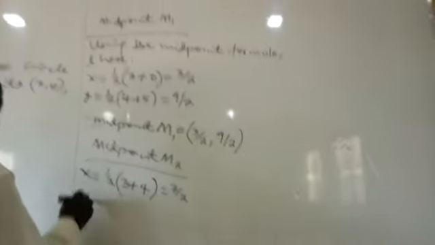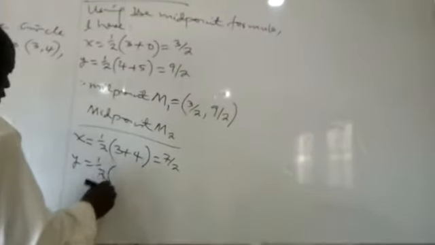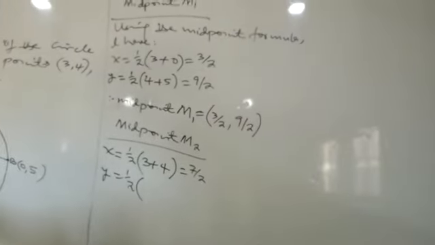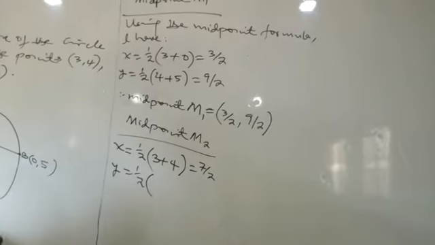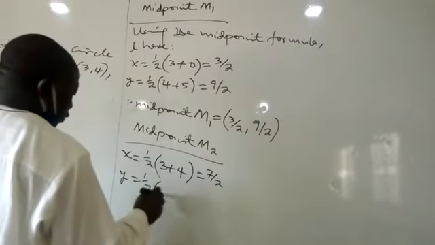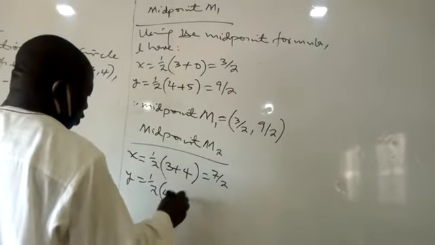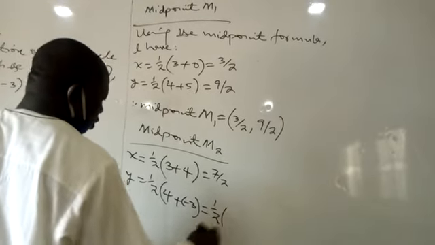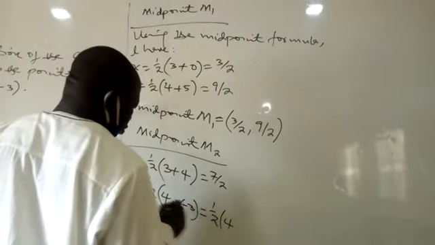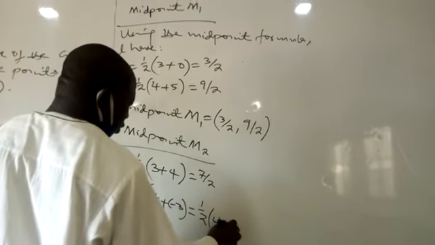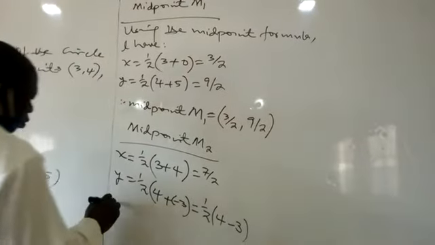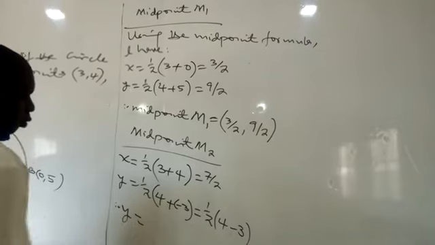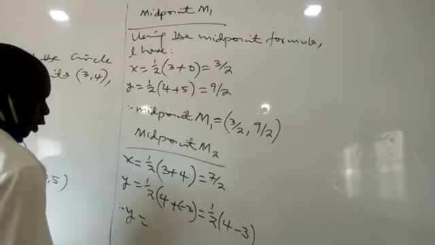Then the y coordinate is half into 4 plus minus 3, that is 4 minus 3, which is 1.